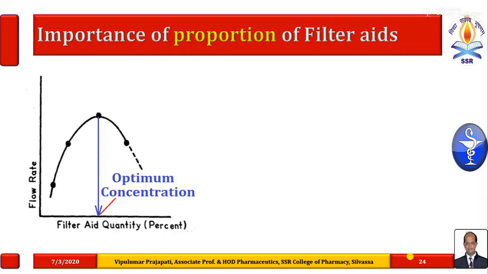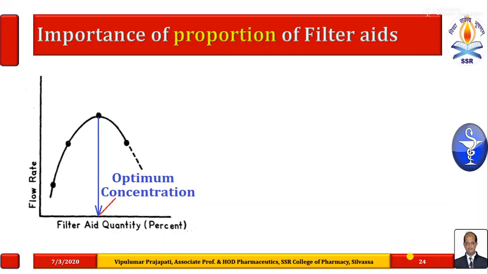We use simple filter paper as the filter medium in a Buchner funnel of one size and surface area.